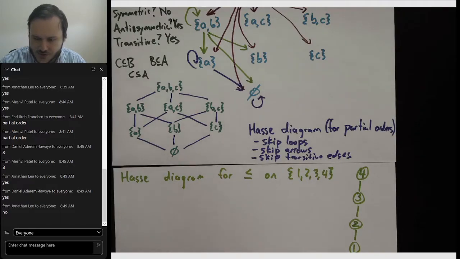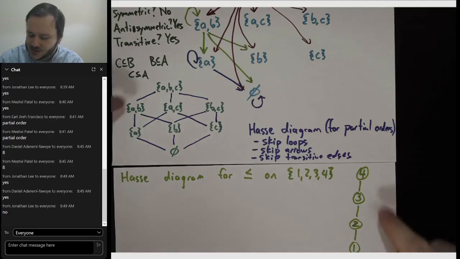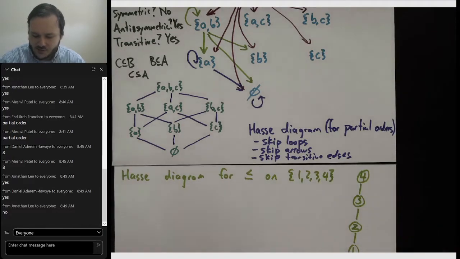So if I look at these two diagrams, even before I define anything, if I say I want to talk about a maximal element, in each of these diagrams, which one do you think is the maximal element?